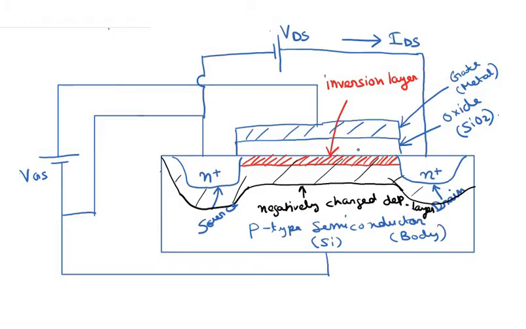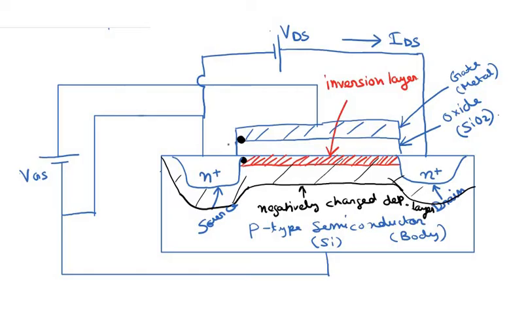Okay, now to induce this channel, the potential difference between the gate metal, let us consider this point at the source end, this is the gate metal, and this point, which is the body, should actually be greater than the threshold voltage.